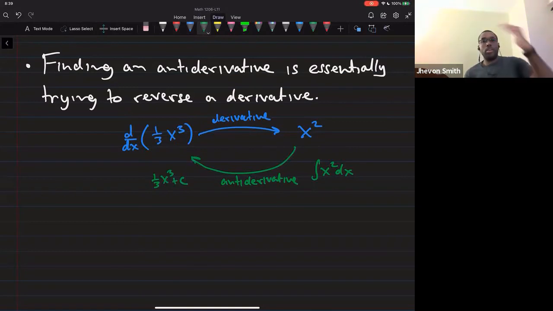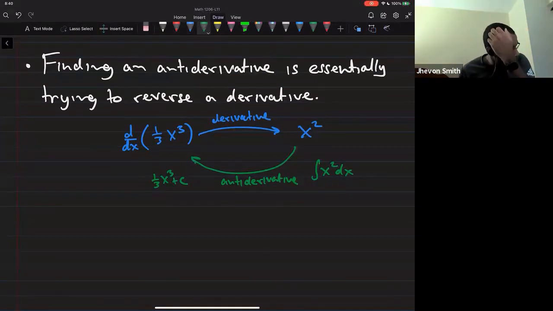So the derivative does something. The antiderivative tries to say, well, what did this come from? And so that actually gives you a very nice rule or an idea that can be very, very useful when it comes to computing antiderivatives, which I'll talk about pretty soon.